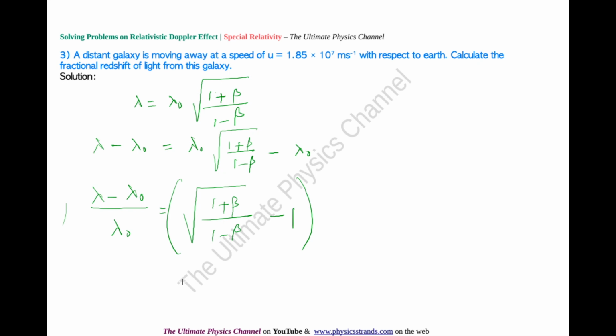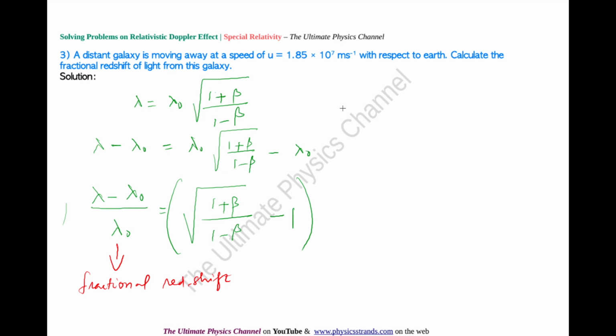Now this particular quantity on the left side is my fractional redshift. Whenever there is a mention of fractional redshift, remember that it is not the actual redshift; it is what fraction of the original wavelength is getting redshifted.